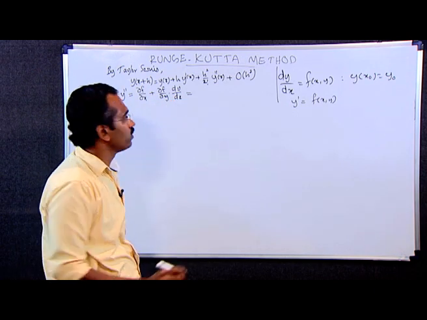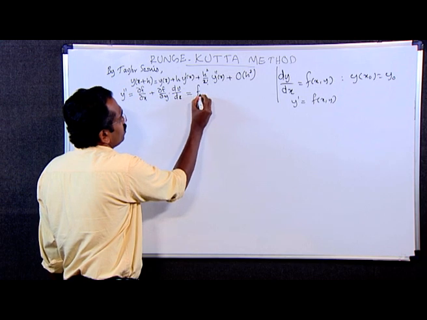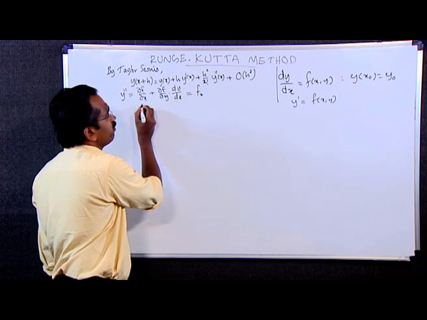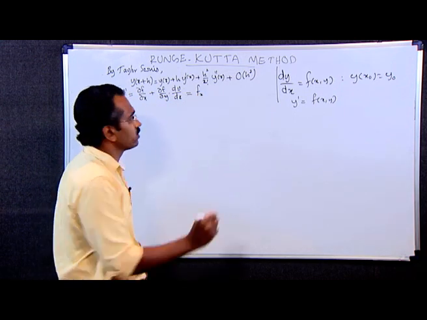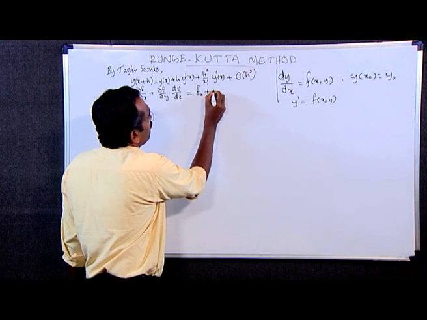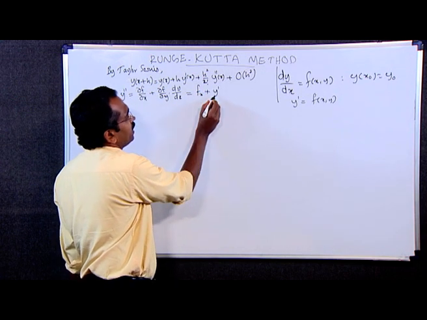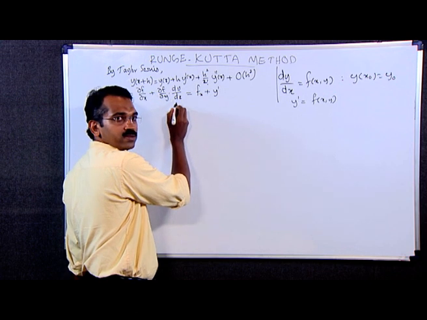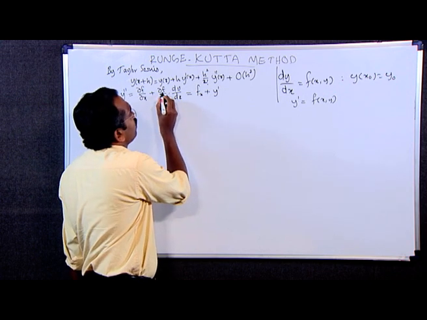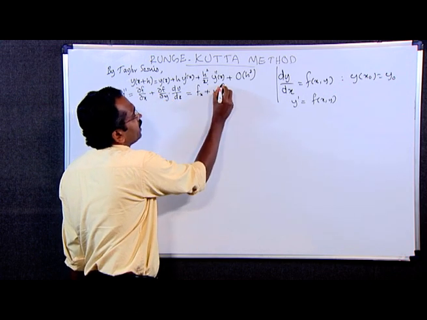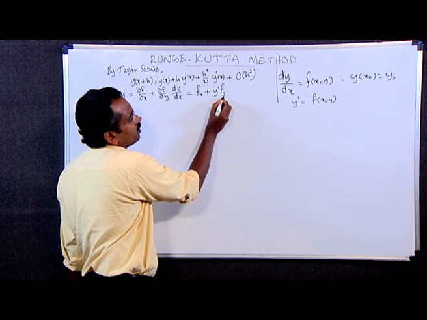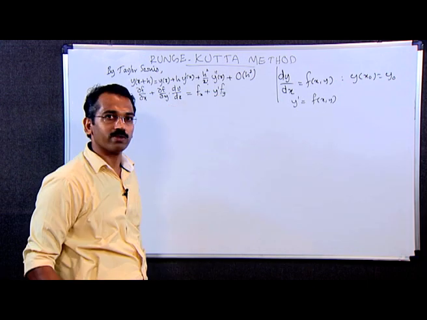That is equal to f x, we denote this notation f x for dou f by dou x, plus y dash, we use y dash for dy by dx, into f y. F y is dou f by dou y.